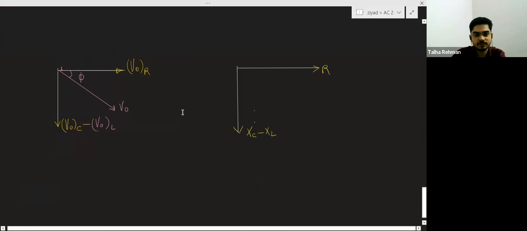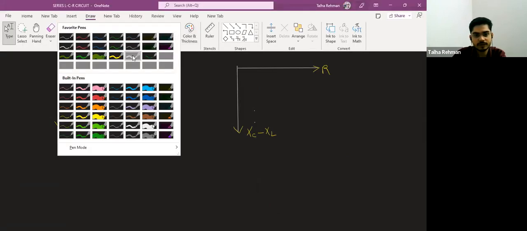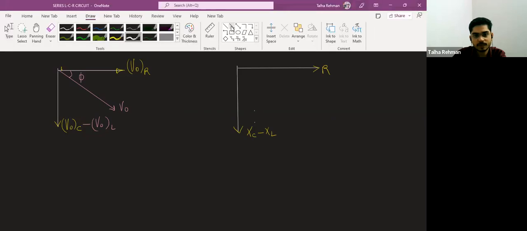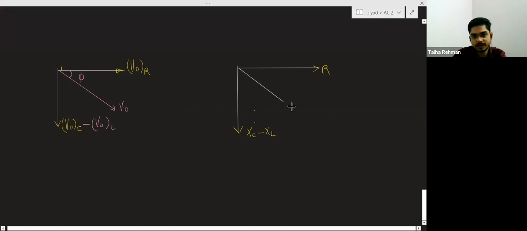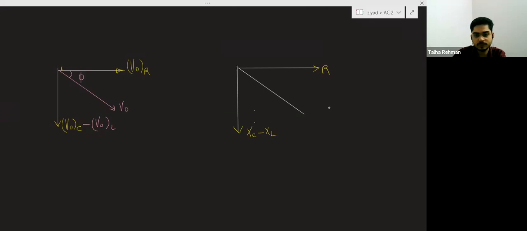You can just write it like this. Here will be the resultant, and that resultant will be the impedance of the circuit, making an angle phi.